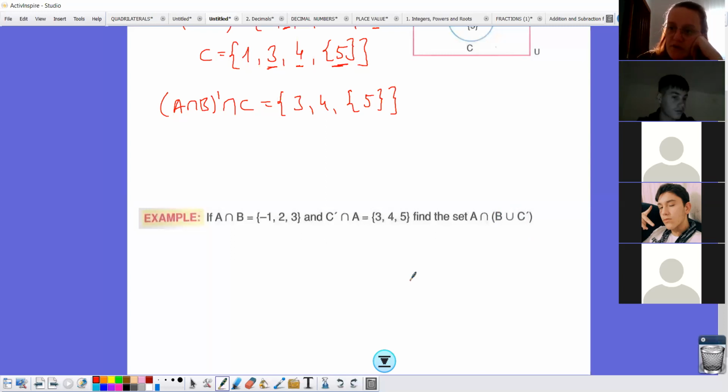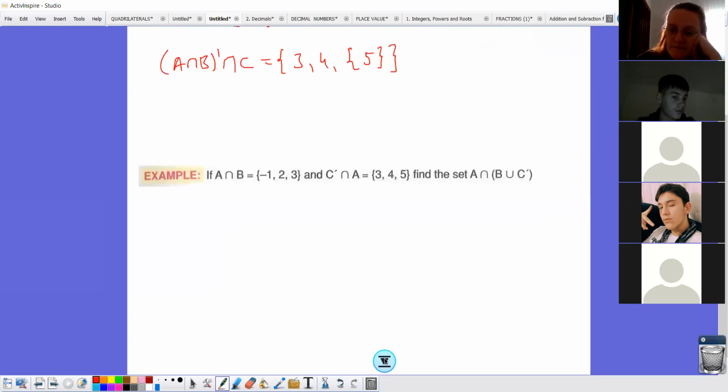Do you have any opinion? We are looking for A intersection B union C prime. Can I use the distributive property here? Remember distributive property?